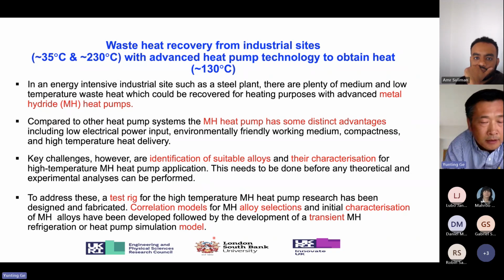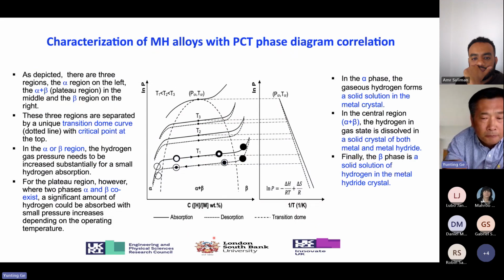If you are in this area, you will find there are thousands of metal hydride alloys that can be used in different energy conversion systems. But for this particular system, we need to identify the appropriate metal hydride alloy so that it can operate based on the operating conditions. It is similar to the refrigerant used in a refrigeration system.